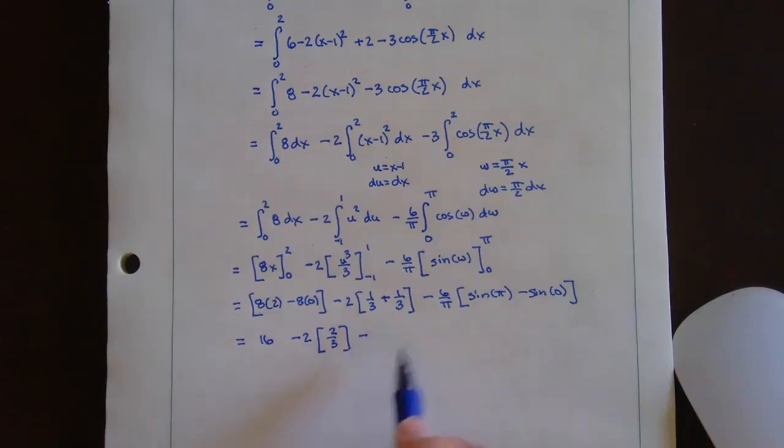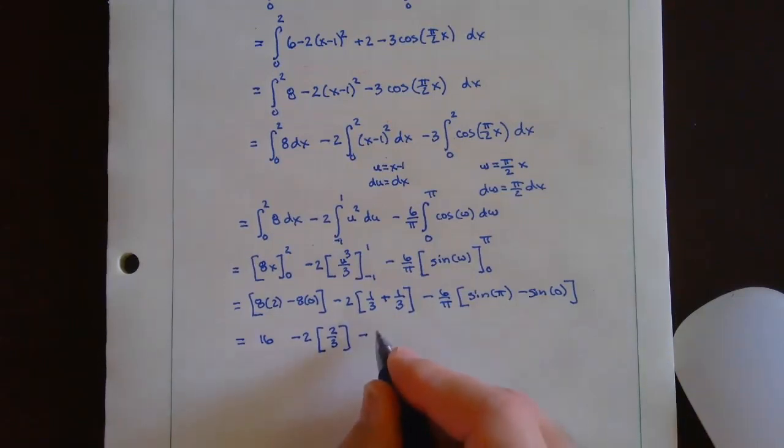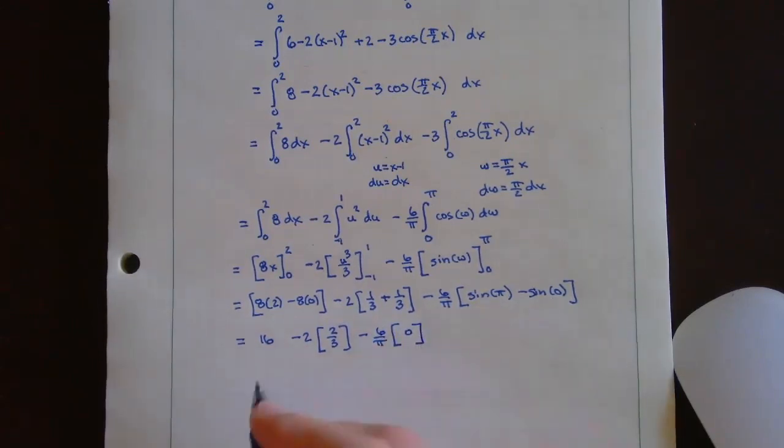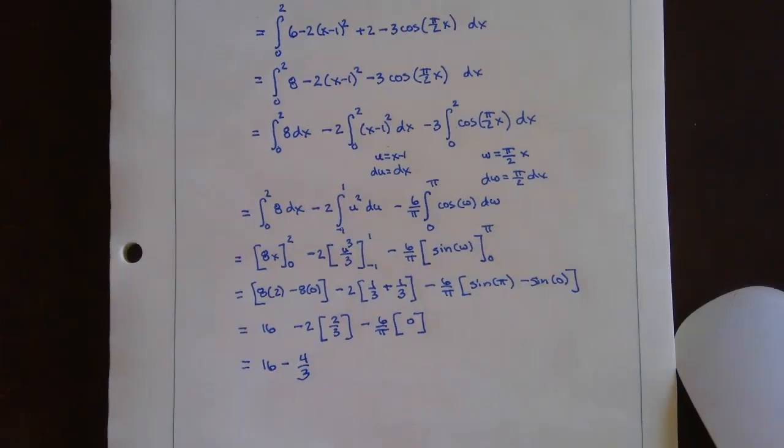And then this one would be minus 6 over pi, and sine of pi would be 0, and sine of 0 is 0, so this would just be 0. So really all we're left with is 16 minus 4/3. Okay, and if you left your answer like that, that'd be fine.